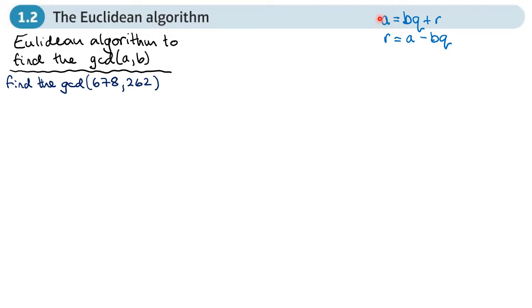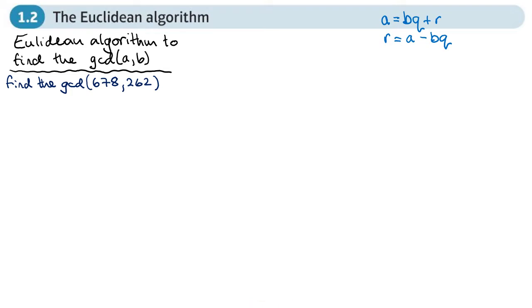So this is the dividend, this is the divisor, q is the quotient, r is the remainder. So we can write a division as the divisor times the quotient plus the remainder, and if you rearrange this, you get the remainder is equal to the dividend minus the divisor times the quotient. So that's what we're going to use to help us with this.